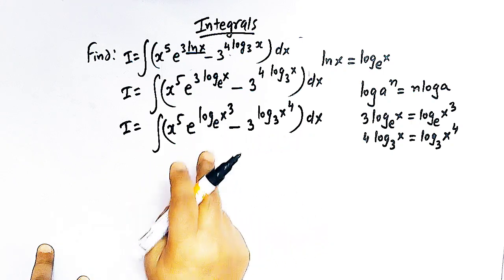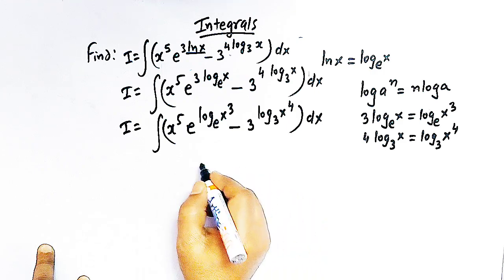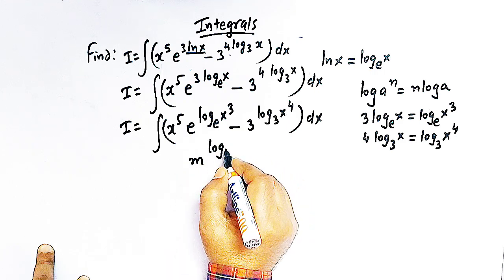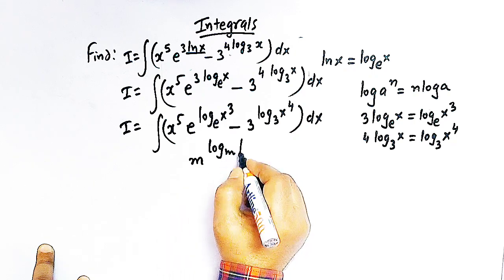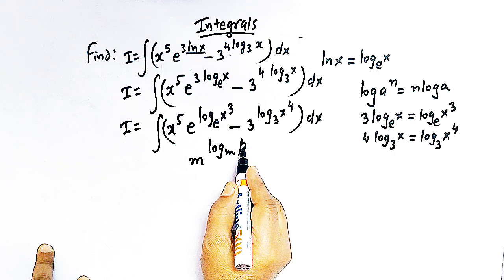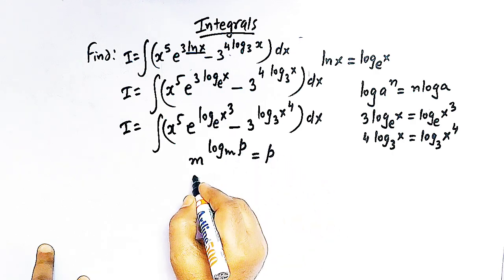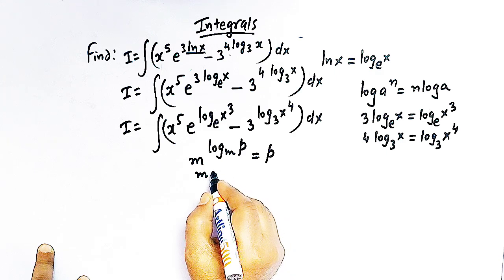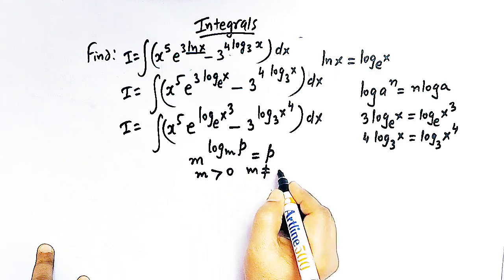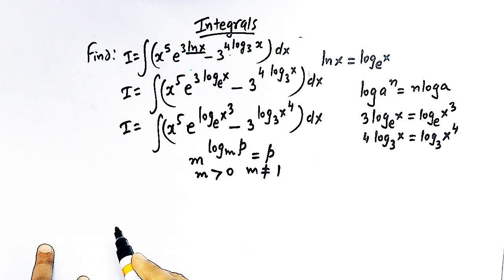So now let us make use of another important property of logarithms, that is, m raised to log, here we have the base m and here we have p, then m raised to the logarithm of p to the base m is equal to p, where this quantity m is greater than 0 and m is not equal to 1, and obviously p should be greater than 0.